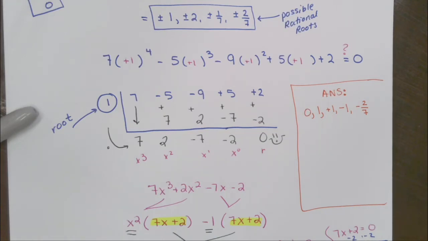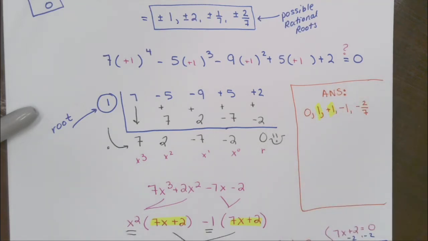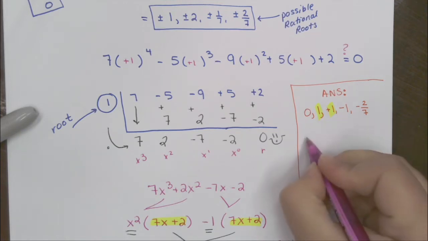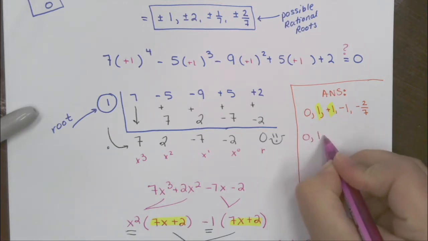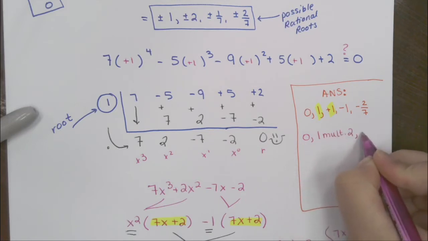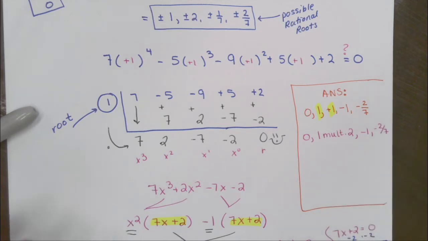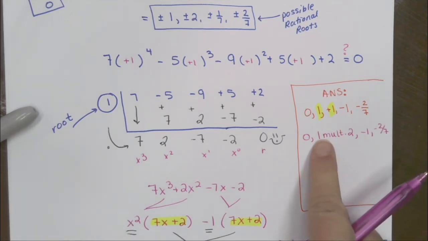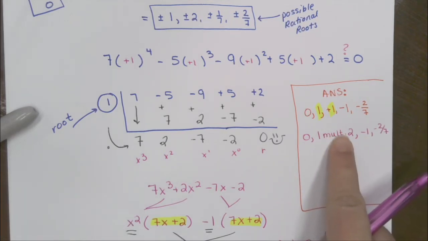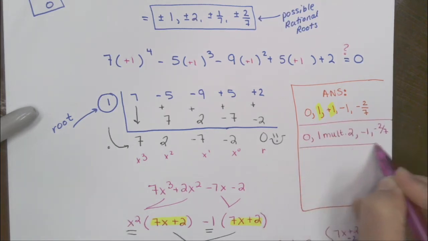However, 1 occurs twice. So if we wanted this in the correct format, then you need to write 0, 1 multiplicity of 2, -1, -2/7. Theoretically, the order doesn't matter as long as the 1 multiplicity of 2, that has to be together. This right here in pink, that is your answer.